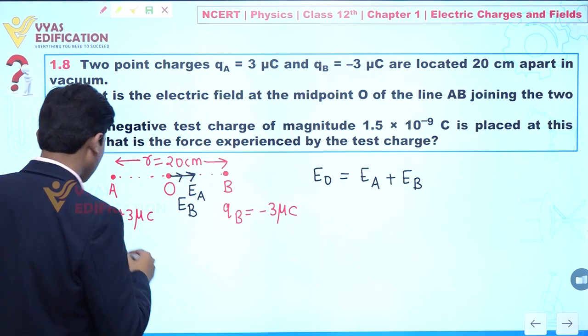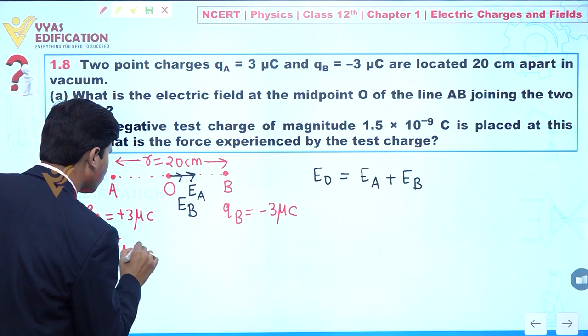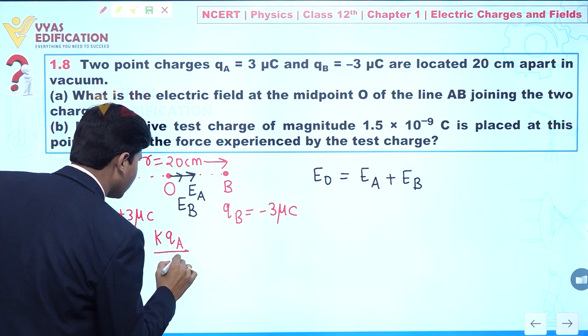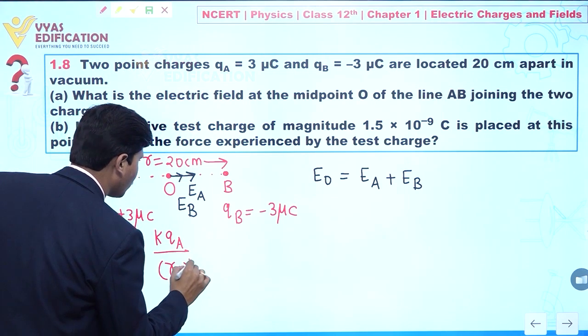Now we can calculate the value of EA. EA due to a point charge we can write as K QA over R by 2 whole square.